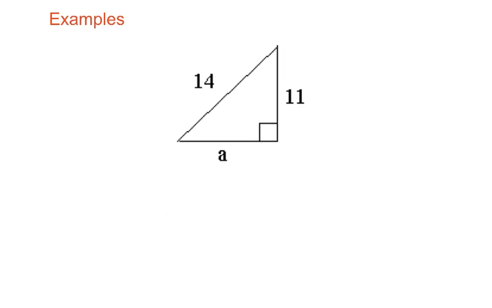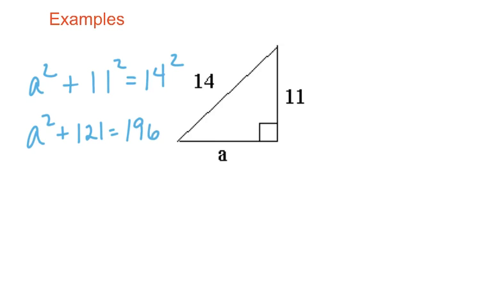Another example, solving for a. Notice a is one of the legs. So we have a squared plus the other leg is 11 squared is equal to 14 squared. 14 is the hypotenuse. So we can simplify this a little bit. A squared plus 121 is equal to 196.